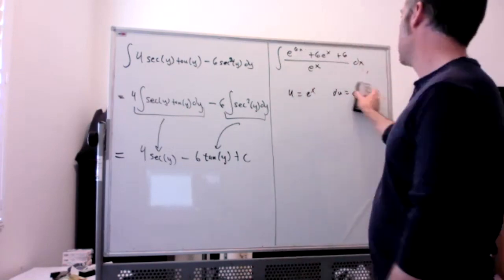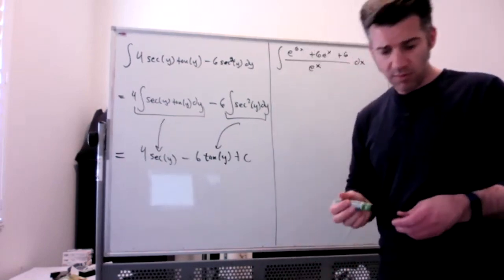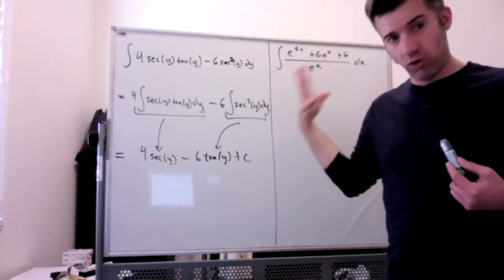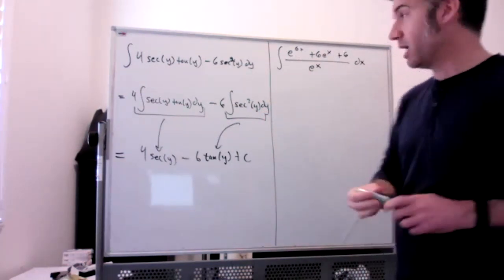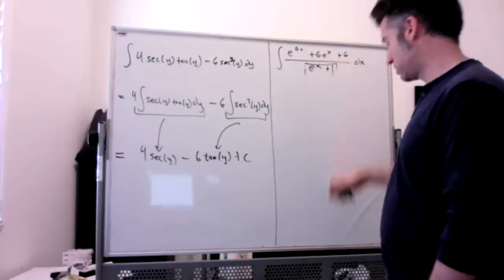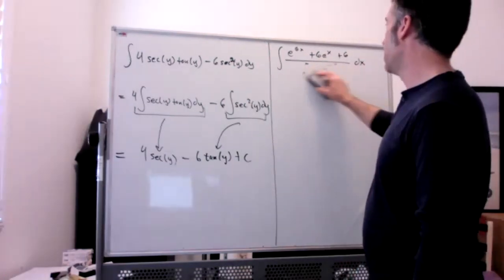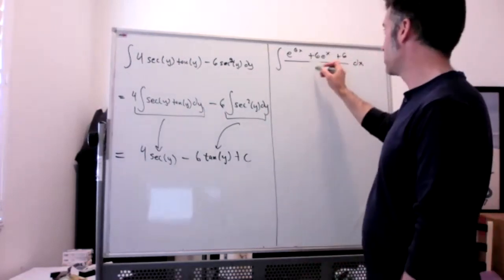What we actually want to do, and again, this comes from some experience. If you see a fractional thing, and the denominator has one term, meaning it's not e to the x plus 1 or the square root of e to the x plus 1, right? If it's just something not added or subtracted to anything else, right?